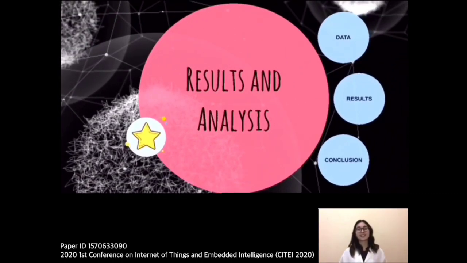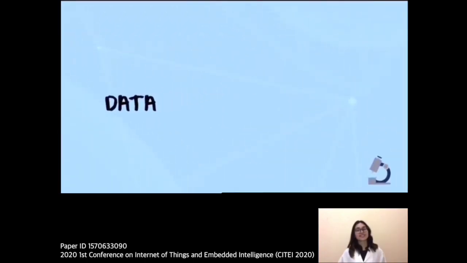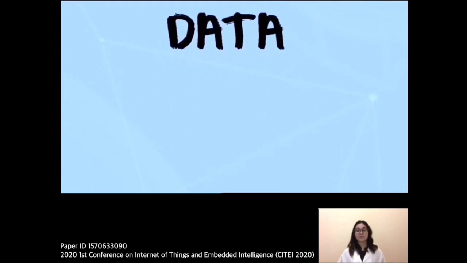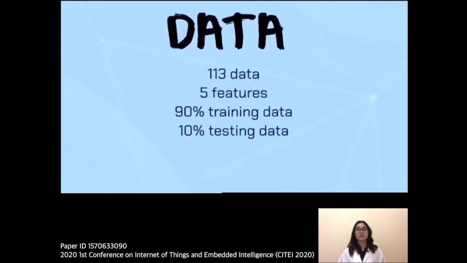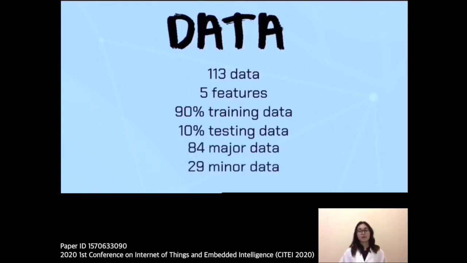Now we're going to take a look at our data and result. First, data. The data used in the study are from hepatitis patients, amounting to 113 data with 5 features, split as 90% training data and 10% testing data, with an actual amount of 84 major data and 29 minor data.